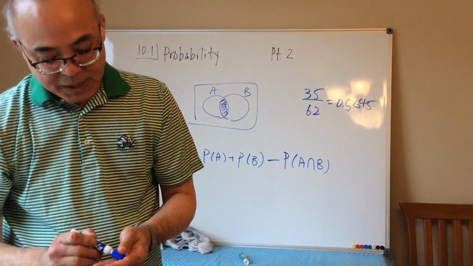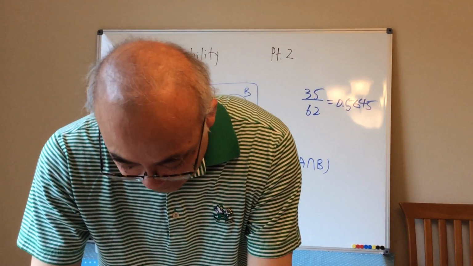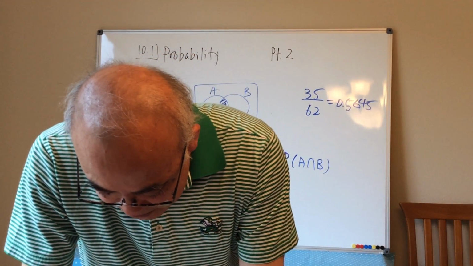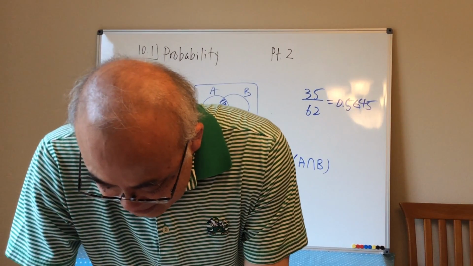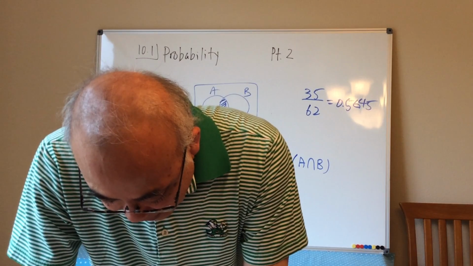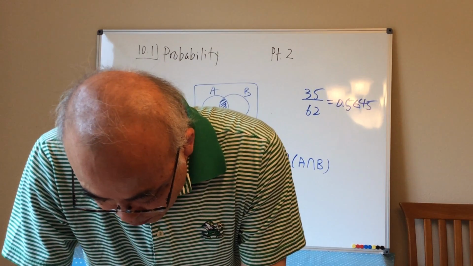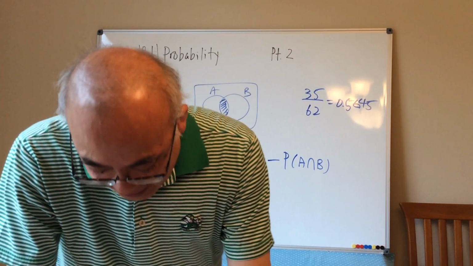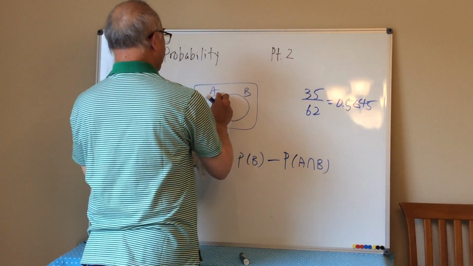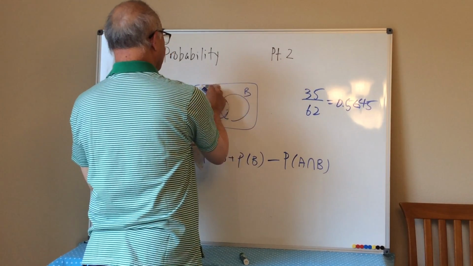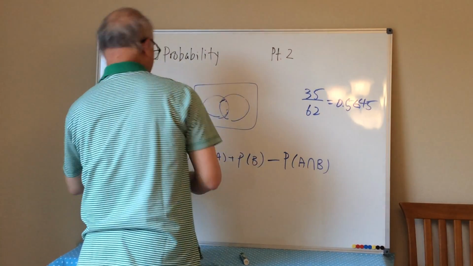Okay, so example number 7. At Pascal High School, 68% have cell phones, 77% have iPods, 62% have both a cell phone and an iPod.